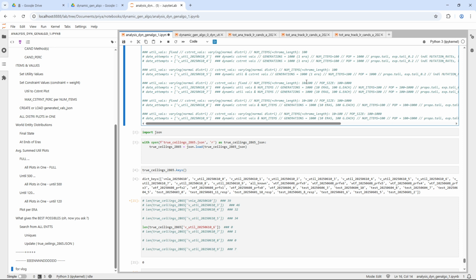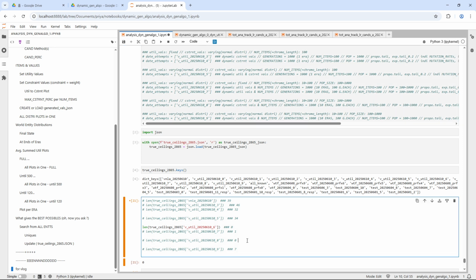Utility values and number of items. And then when the constraint values and the number of items along with the population size were set to vary, I got 0, or it's very likely 1 or 2 only. But compared to that, 7 is quite a big leap.